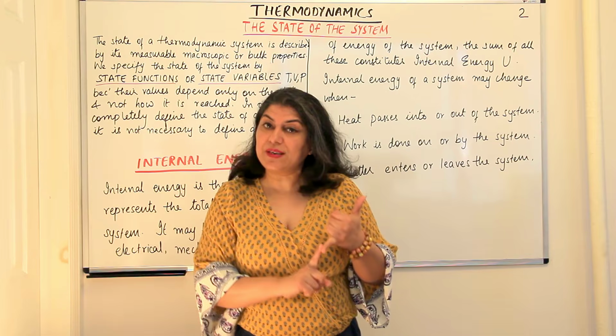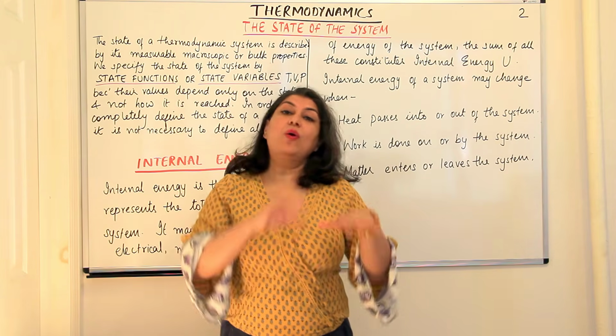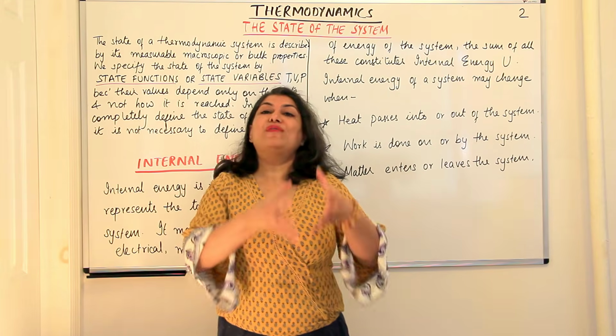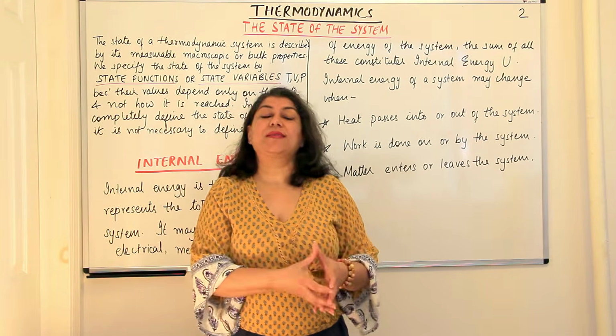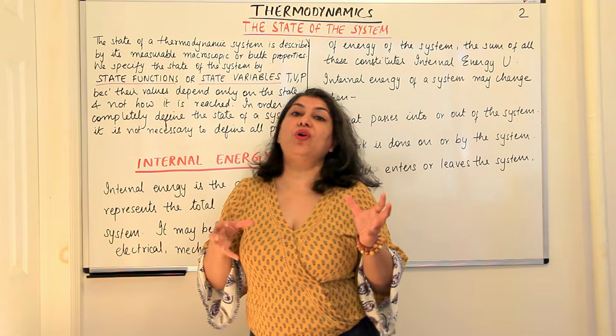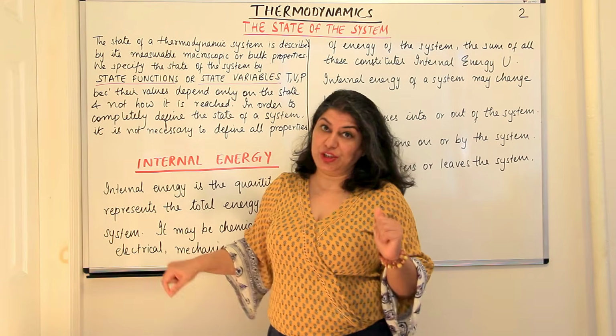This energy may be electrical, mechanical, chemical, or heat energy. The sum total of all the energies together forms the internal energy of a system. And this internal energy is a state function.